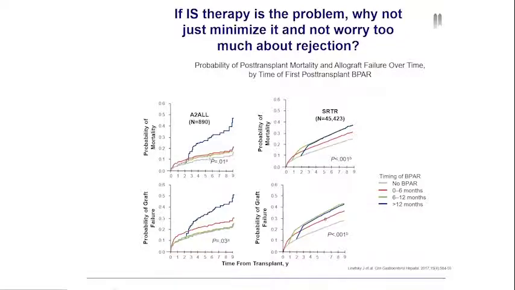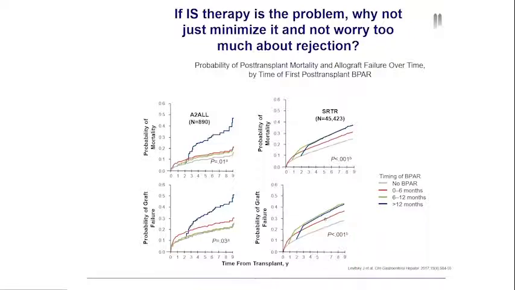So in the first 6 months and 6 to 12 months, you can see an increase in mortality in all of these groups. And then after 12 months, the mortality or graft failure and patient death increased significantly. And so the question is, of course, is this all related to rejection and graft failure, or is this the immunosuppression required to reverse the rejection?